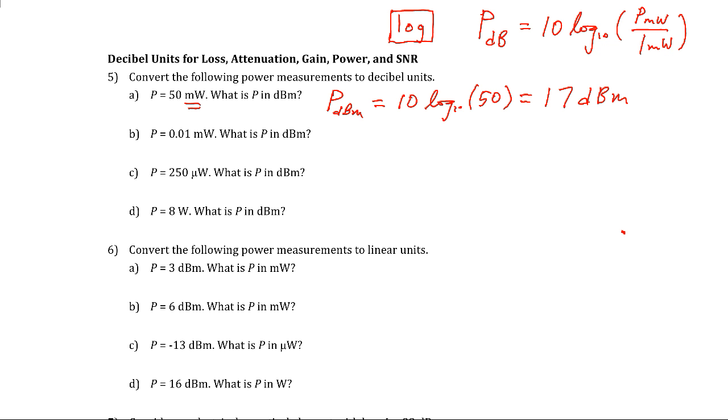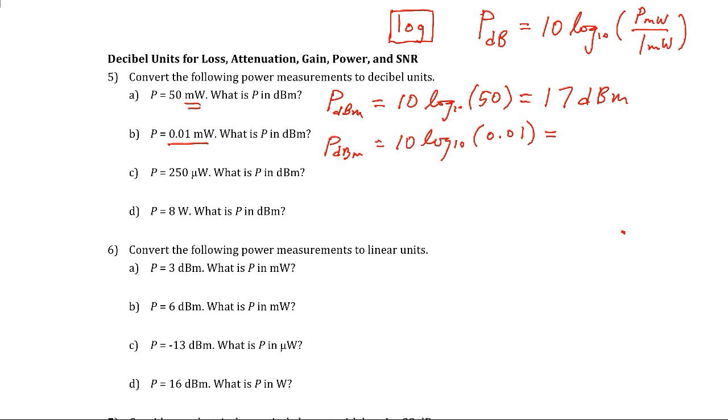Let me do another one here. P dBm is 10 log base 10. It's already in milliwatts, 0.01. I don't need a calculator for this one because log base 10 of 0.01 is negative 2, because 10 to the negative 2 power is 0.01.